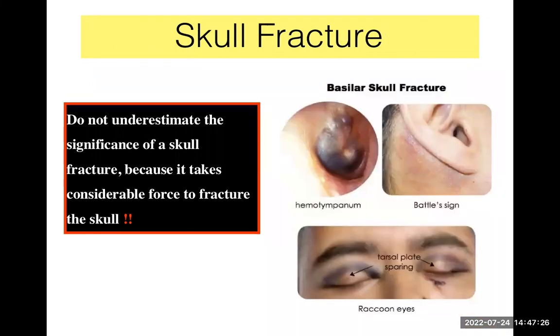In skull fracture, there are a few signs that you need to look for, specifically for basilar skull fracture, which are hemotympanum, Battle sign, and raccoon eyes. Do not underestimate the significance of a skull fracture because it takes considerable force to fracture the skull.